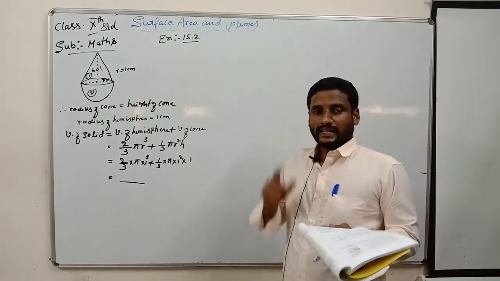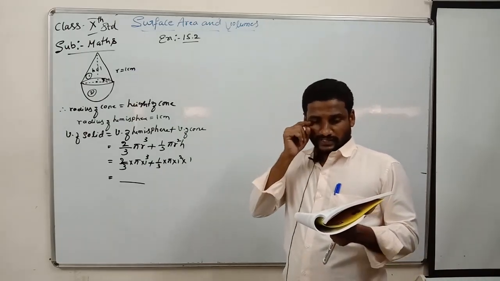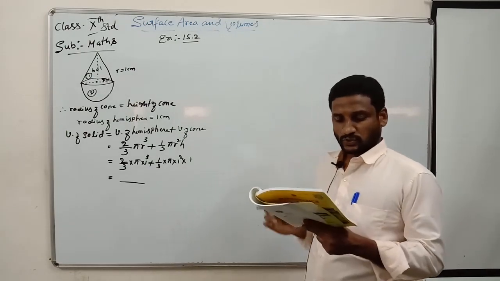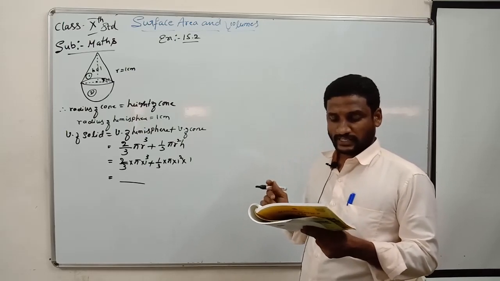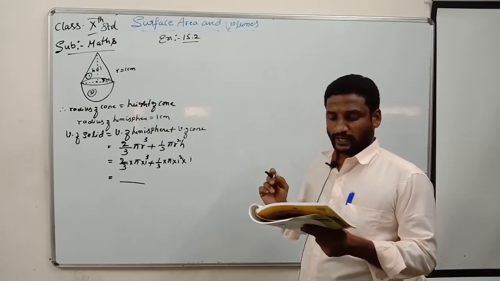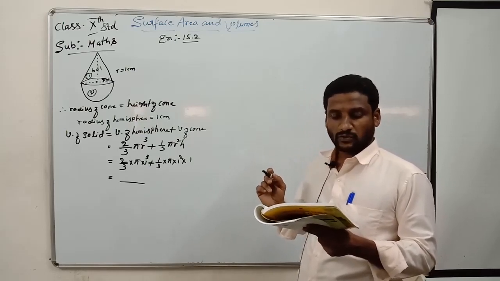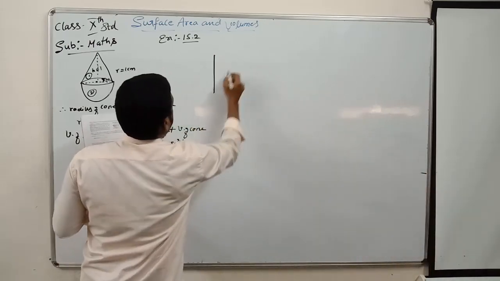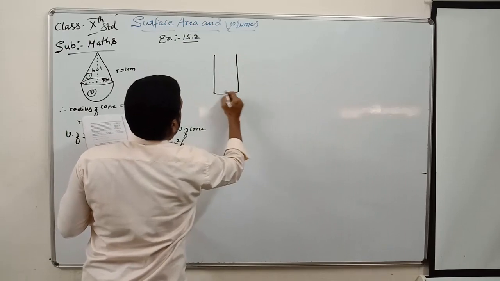So here the engineering student's model is made. The model is like this. Raquel, an engineering student, was asked to make a model shaped like a cylinder with two cones attached to its two ends. See here, first he took a cylinder.